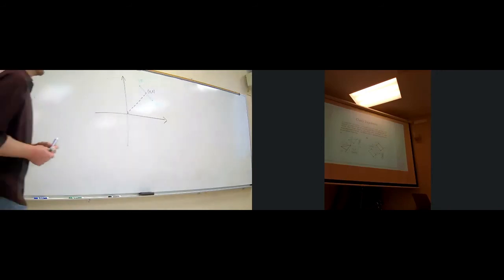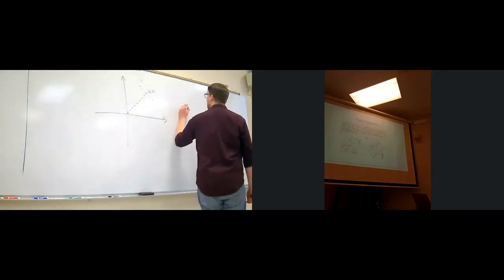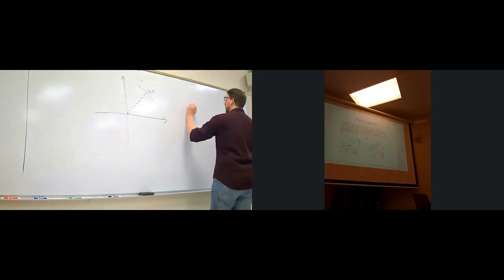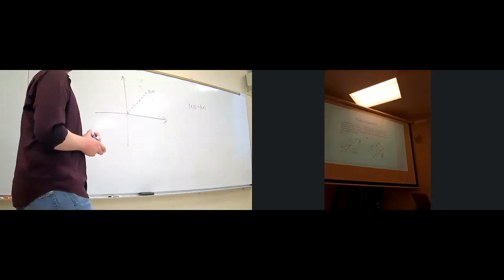What we're going to do is use the translation. What this translation tells us is that every point, the x direction is going to be moved to the left by 2, and the y direction is going to be moved down by 2.